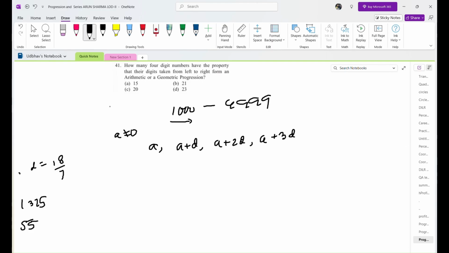So the value of A can go from 1, 2, 3, 4, 5, 6, 7, 8, 9, right? The value of A can go from this, and all the four terms are digits.